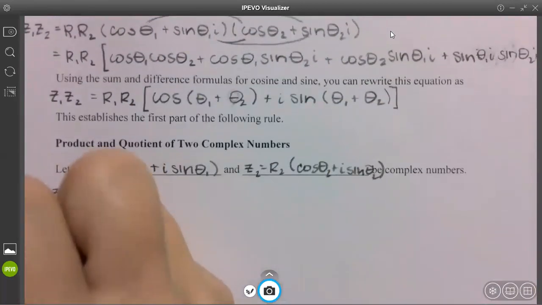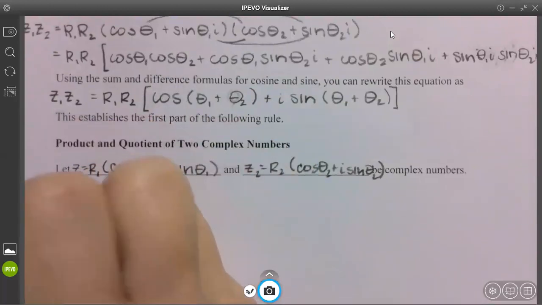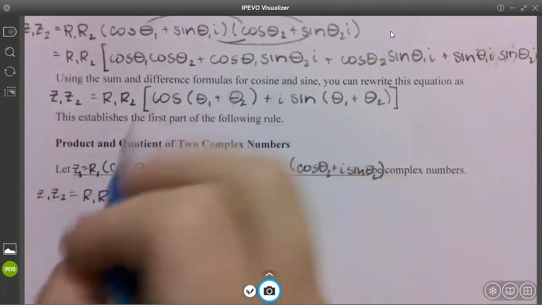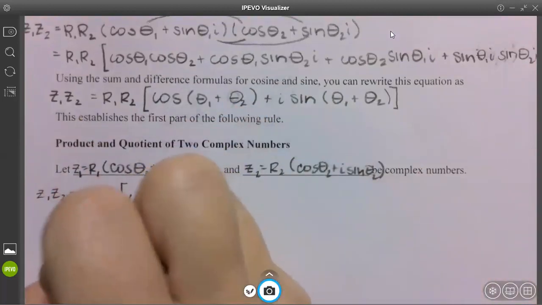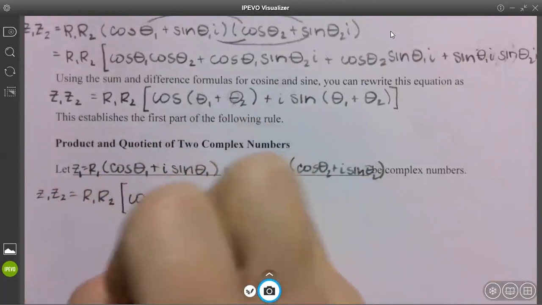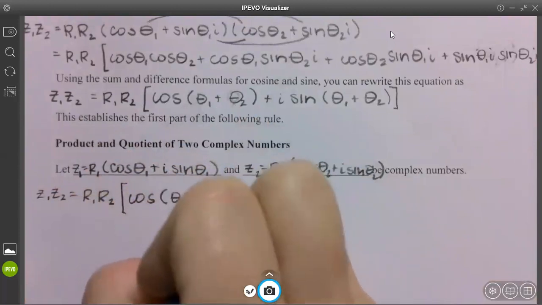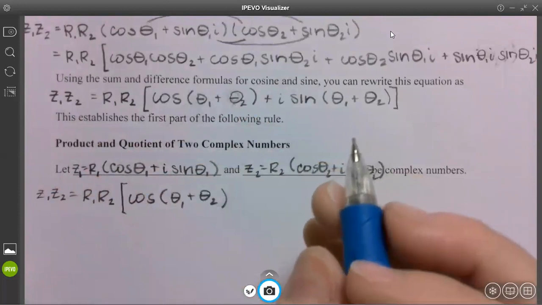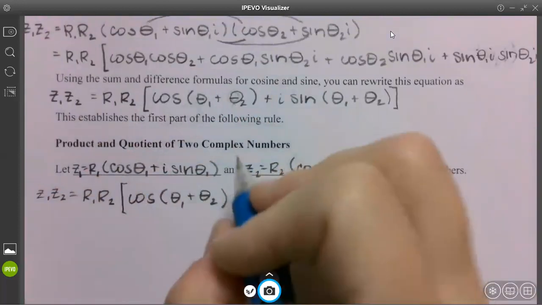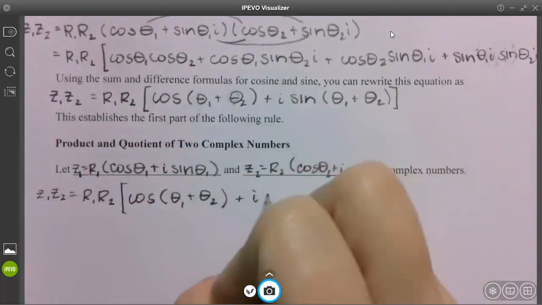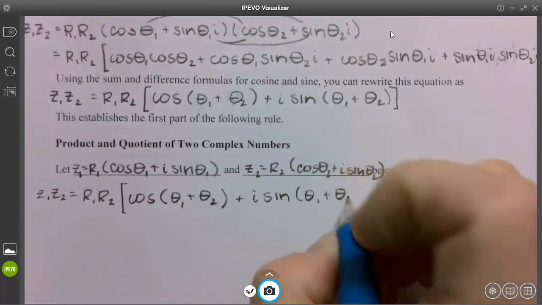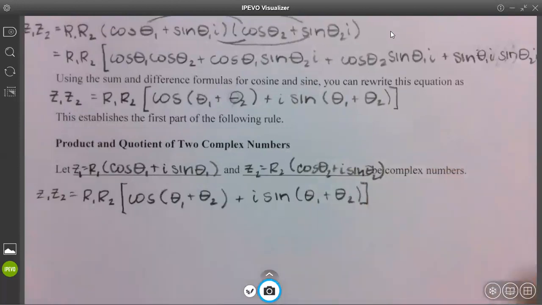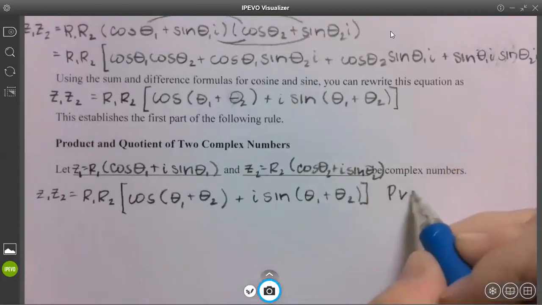Then Z1 Z2 is equal to r1 r2, the same formula we just wrote right here, cosine theta 1 plus theta 2 plus i sine theta 1 plus theta 2. And again, this is the product.